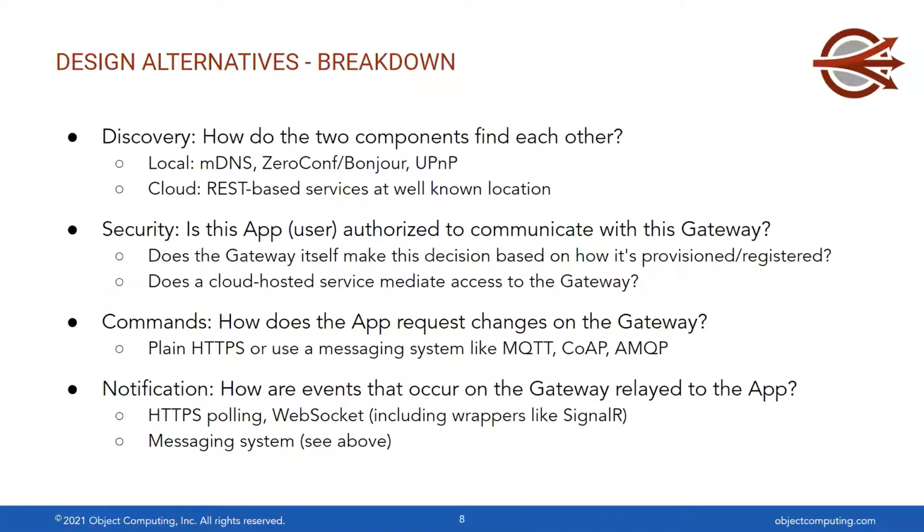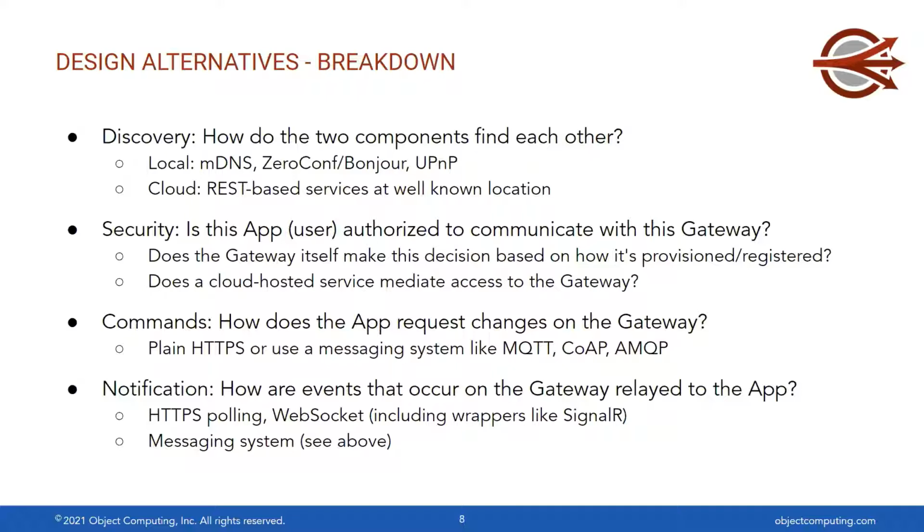So let's break down some of these particular issues, and we'll see how existing tools, techniques, and protocols can address them. So first is discovery. How do these two components, primarily we're talking about the gateway and the mobile application, find each other? So in a local network scenario, there's a number of tools available to us, things like mDNS, Zeroconf or Bonjour, Universal Plug and Play.